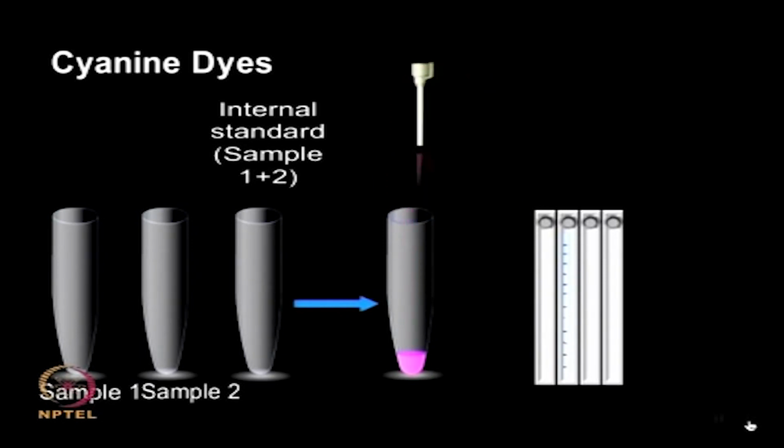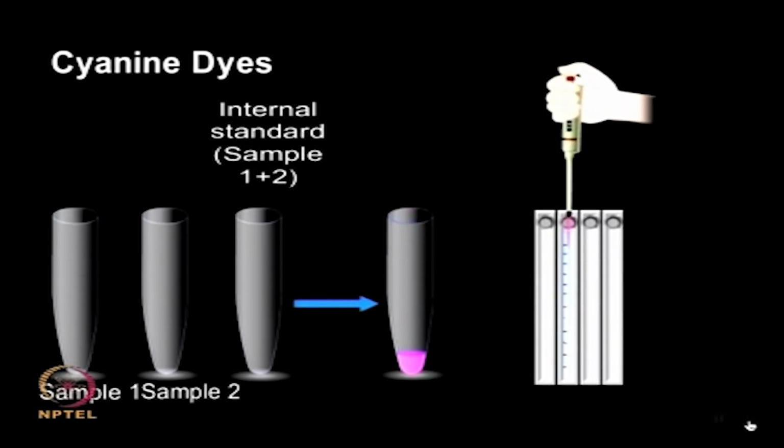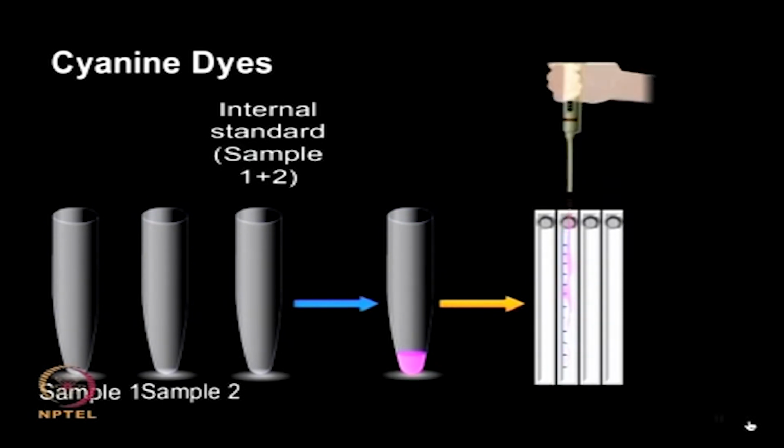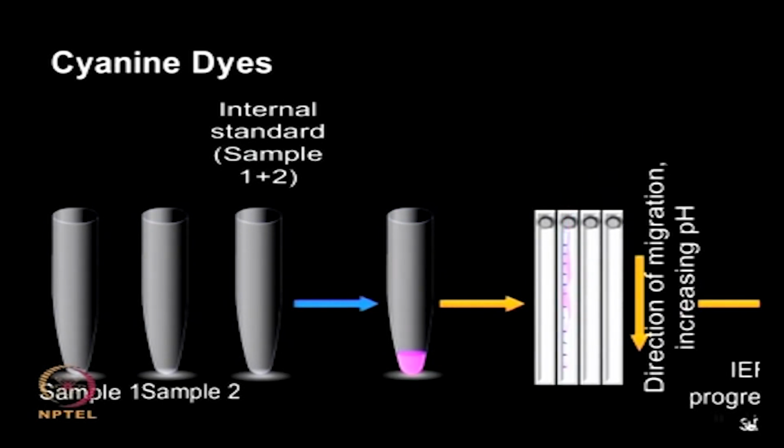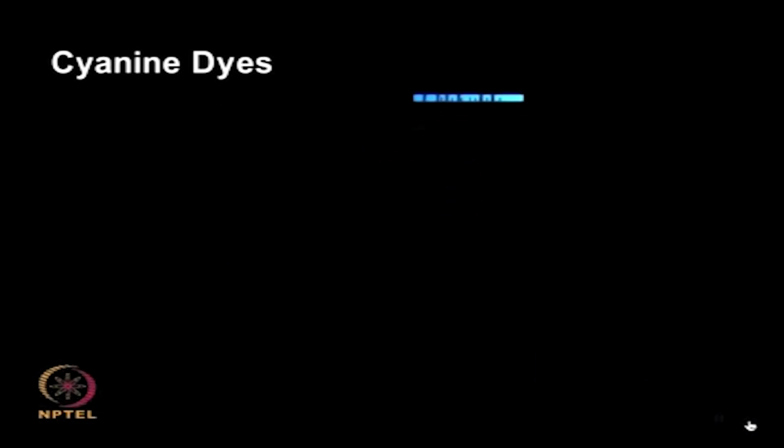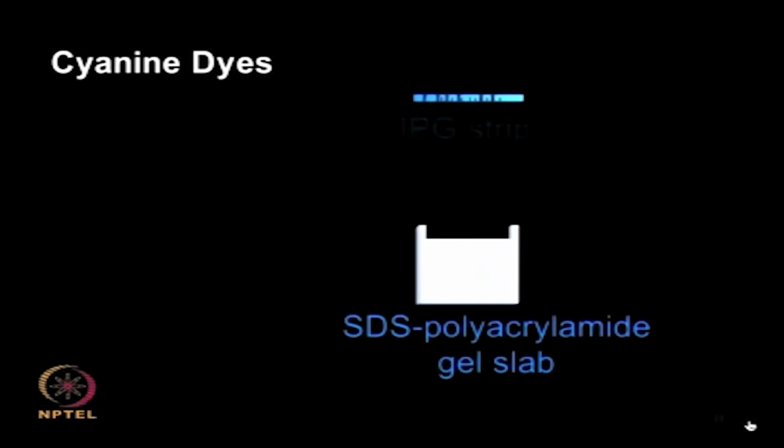After dye labeling and mixing all the samples together, the isoelectric focusing can be performed, followed by the second dimension separation in SDS PAGE.